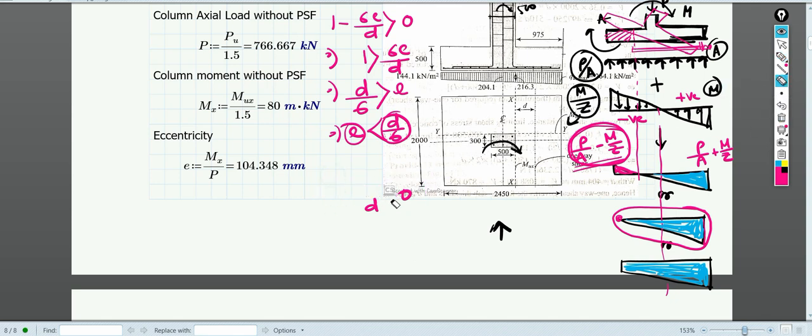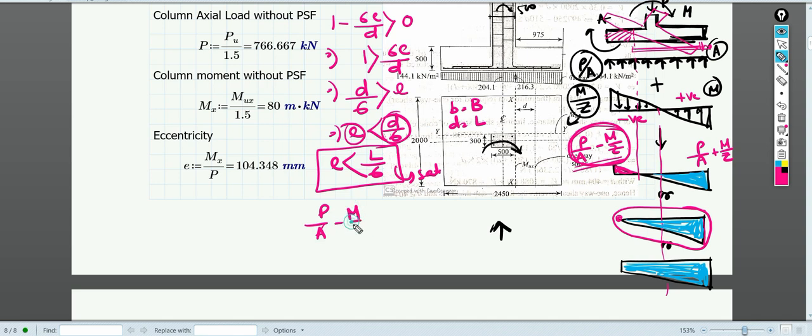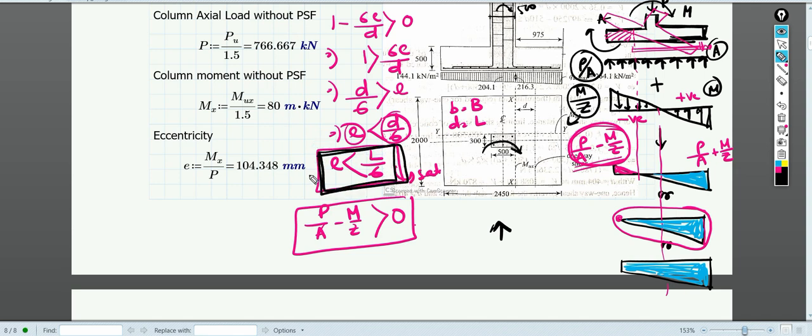So what is d basically? I have already mentioned that b and d are width and length, right? Suppose I say capital B, and d, suppose I say capital L. In that case e is less than L by 6. So if this condition is satisfied, then I can say P by A minus M by Z will always be greater than 0. So to have this condition satisfied, I should always take care that e should be less than L by 6.